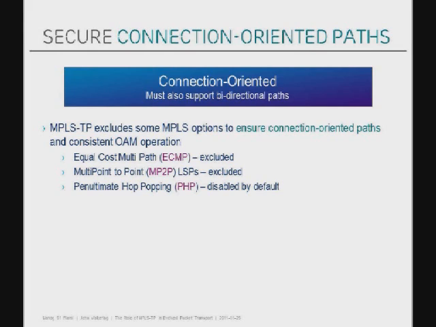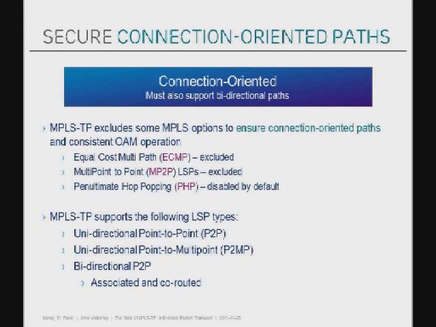So therefore, it must be excluded. For the same reason, multipoint-to-point capabilities are also excluded, as well as PHP. If PHP is enabled, then the LSP doesn't reach all the way to the far end where the termination point of the service is. So the last label should not be popped by PHP, and therefore it must be disabled by default.